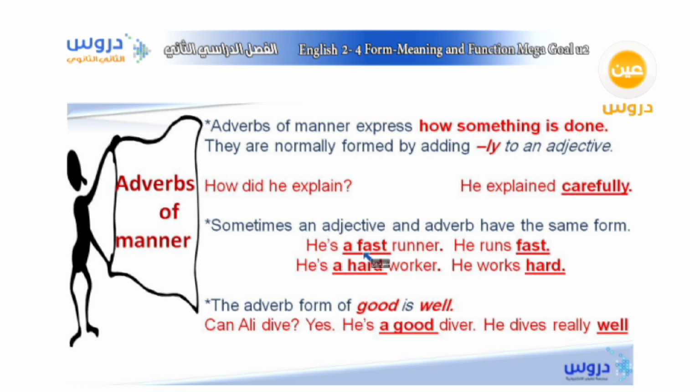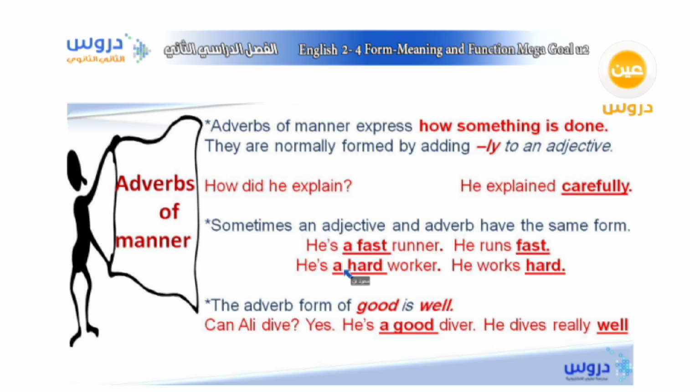How do we know this is an adjective? Because we use it before a noun. He is a fast runner. Runner is a person, so it is a noun, and fast is an adjective, because we use it before a noun. He runs fast. This is actually the answer of how. He is a hard worker.